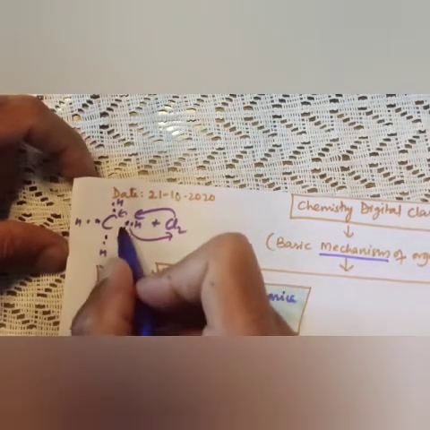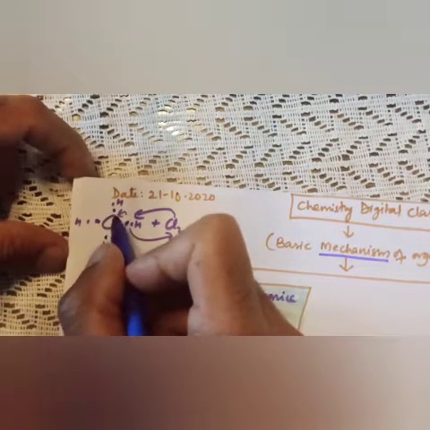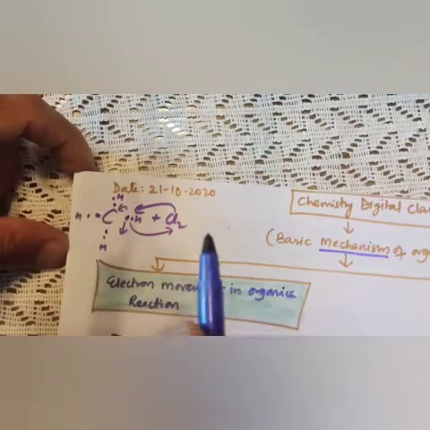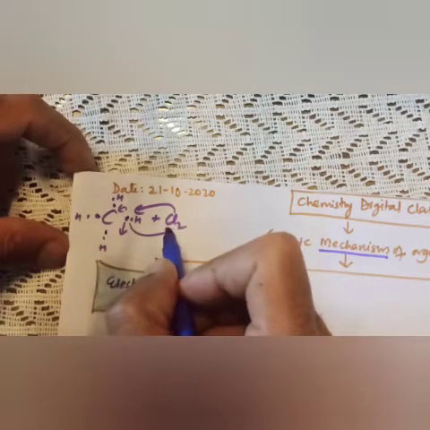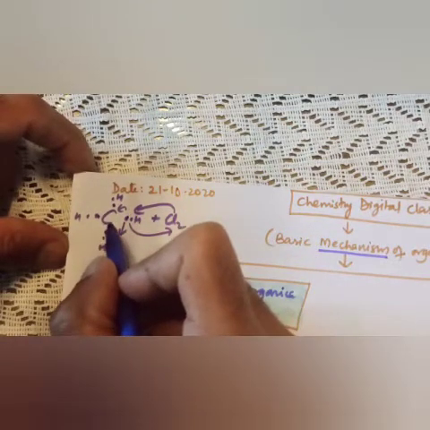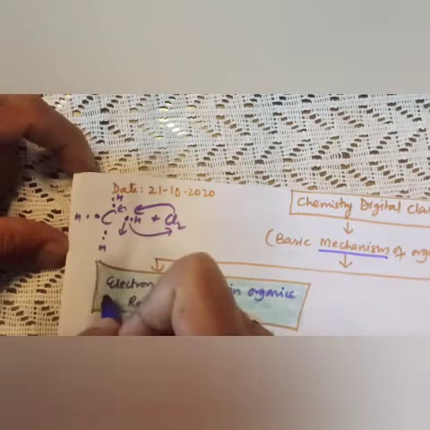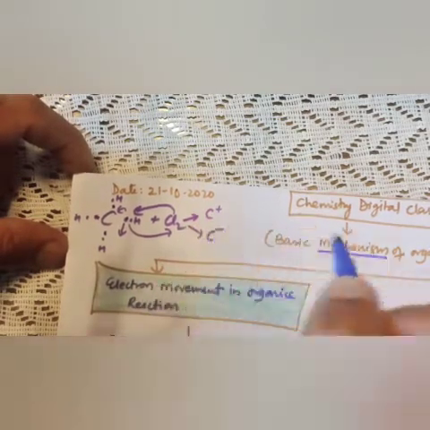If it displaces this side, then on carbon there will be a negative charge, and it will form a carbanion. This we studied yesterday. If this electron is attracted toward the attacking reagent, then carbon is electron deficient and will have a positive charge. So carbon can have a positive or a negative charge.